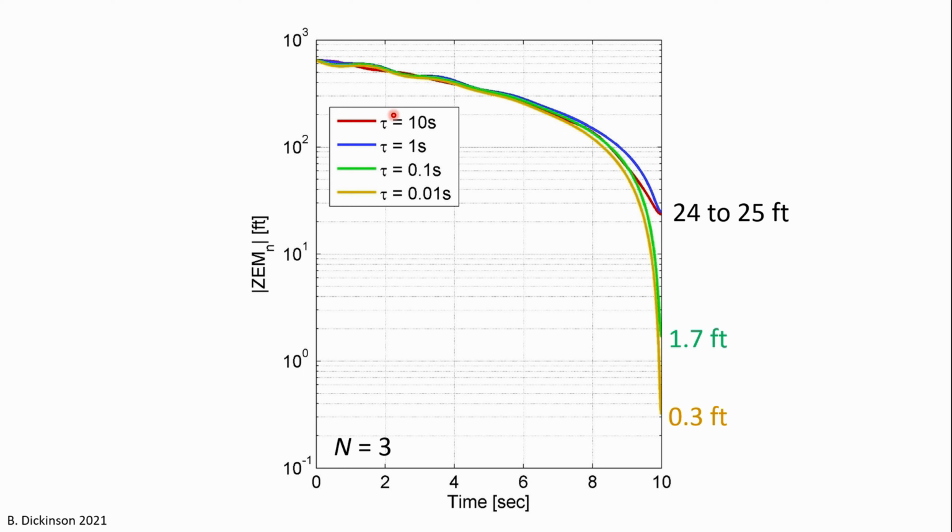Here, 4 different time constants of the pseudo-pilot are shown, with a time constant of 10 and 1 second giving between 24 and 25 feet of miss, but then going down to 0.1 seconds, 1.7 feet of miss, and 1/100th of a second, 0.3 of a foot. Consistent with that spiral approaching the origin.